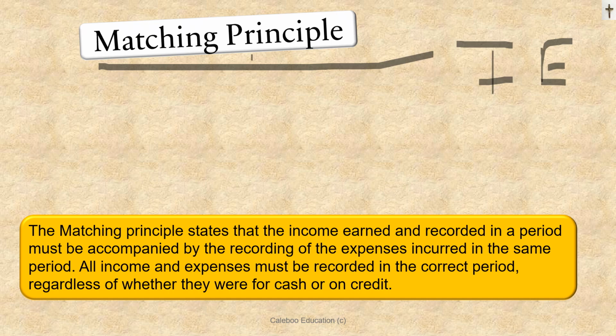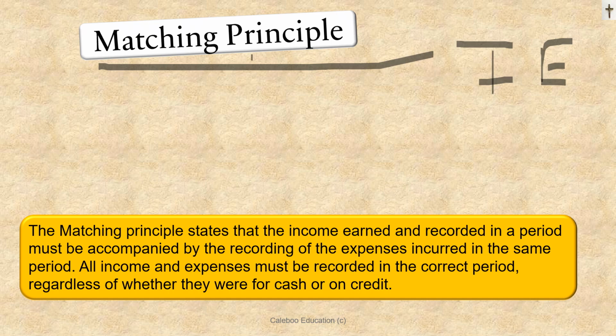So if you've earned income but not yet received it, you still need to record it in the current financial year. If you've paid an expense which relates to next year, you need to adjust the expense account.